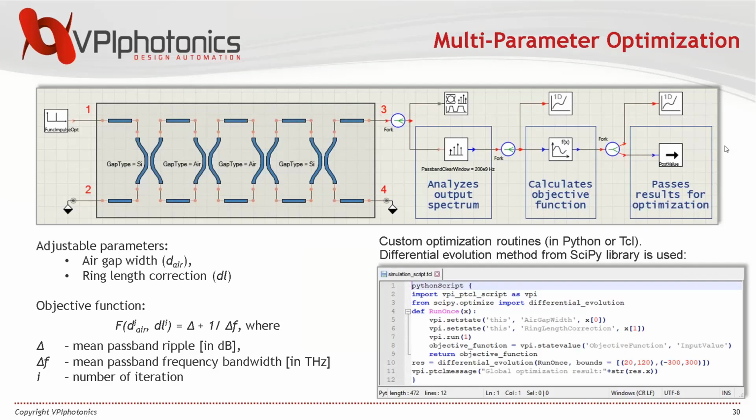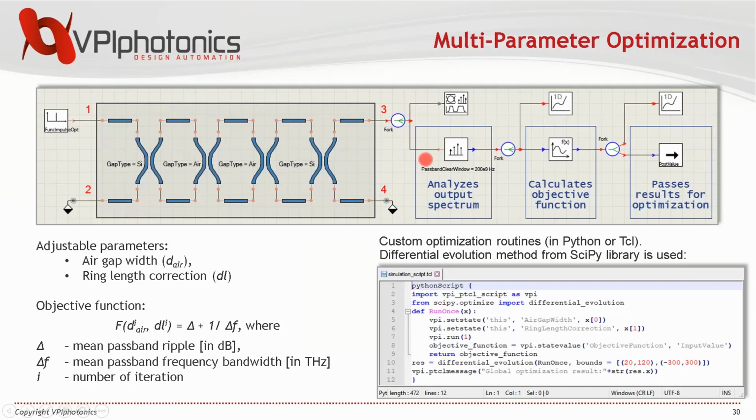So these guys are different. These two outer couplers have a silicon bridge between them, and we do not vary them. We vary the air gap width of these two and the length of this waveguide.